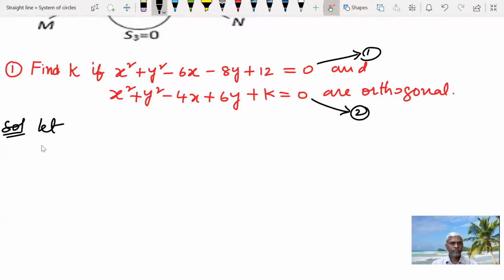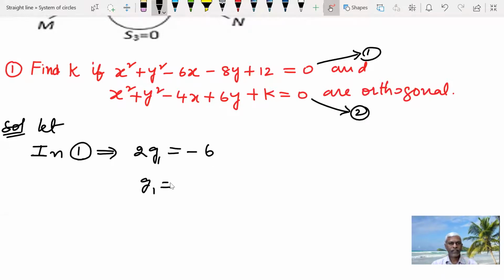In the first circle, comparing with the general equation, 2g1 is minus 6, so g1 is minus 6 by 2, so g1 value is minus 3.